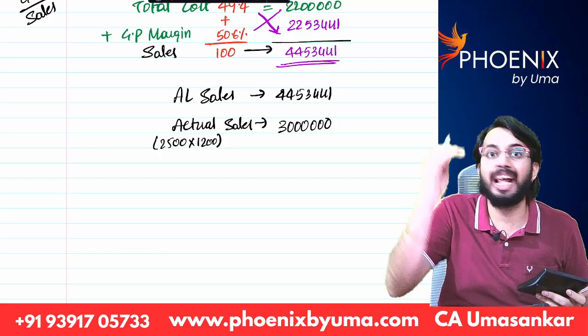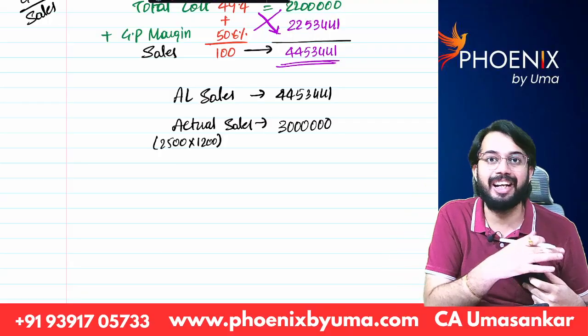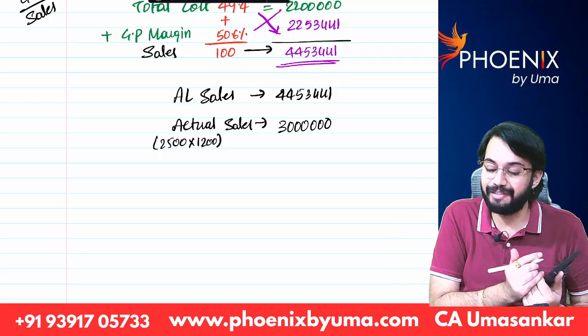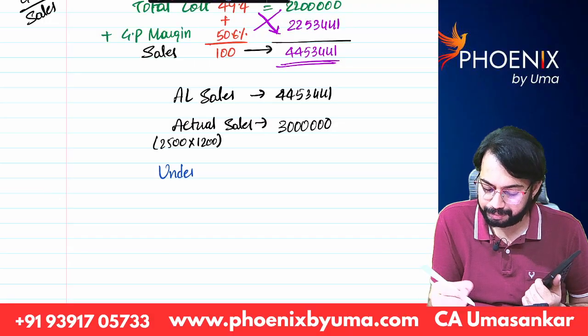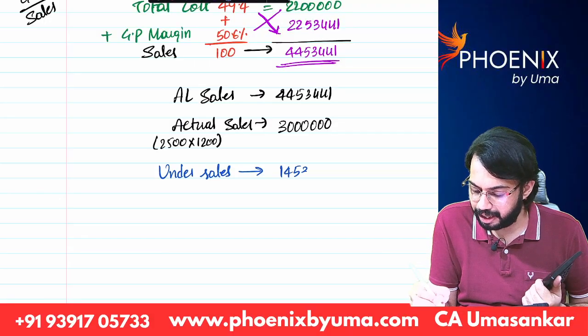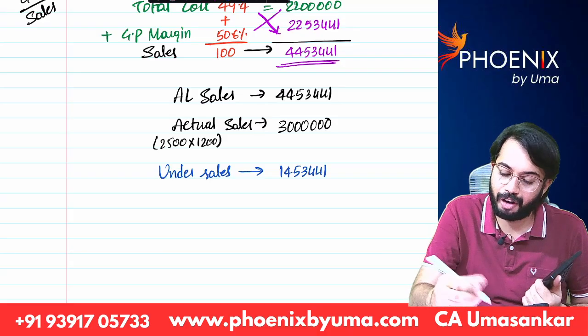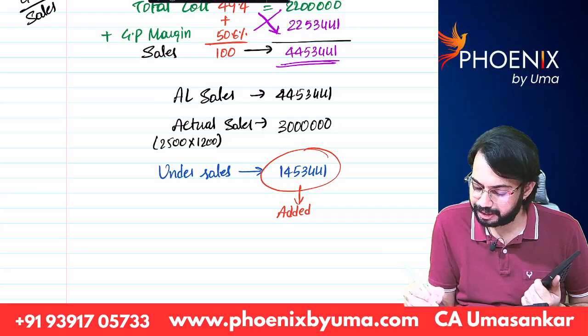If you do underbilling, your sales will decrease. Automatically, your profit will decrease. That's why underbilling was done. So, how much is underbilling, under sales here? Under sales are 14 lakh 53,441. Whatever the under sales are there, that will be added to sum of.